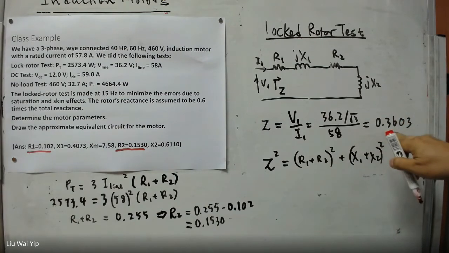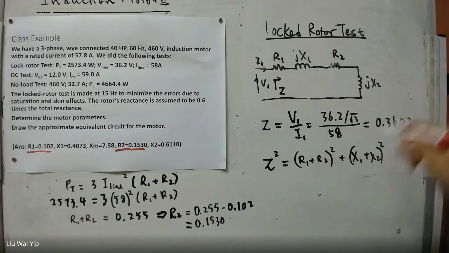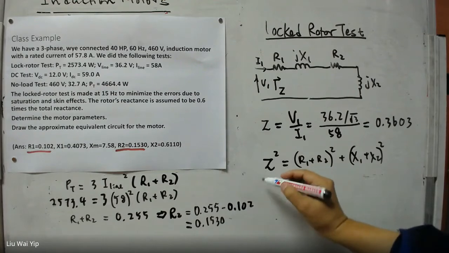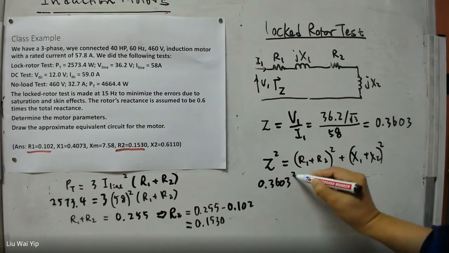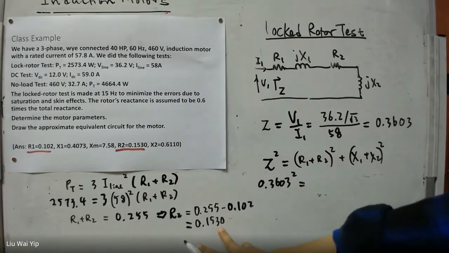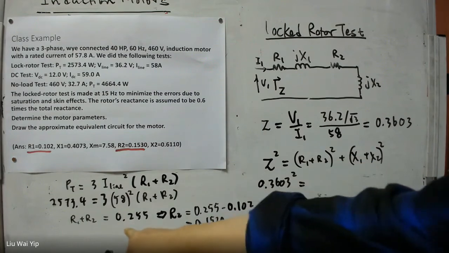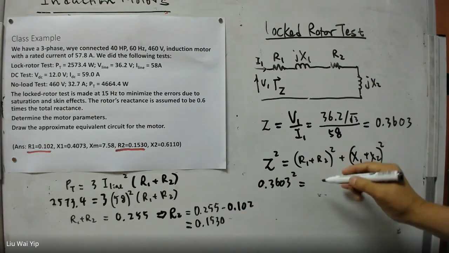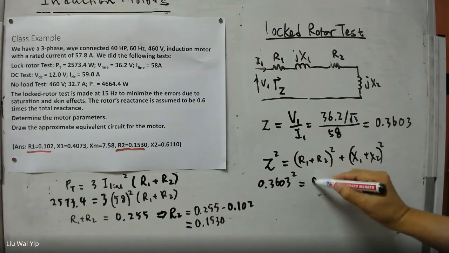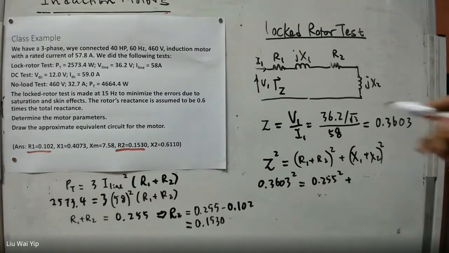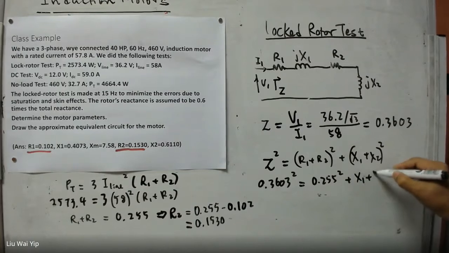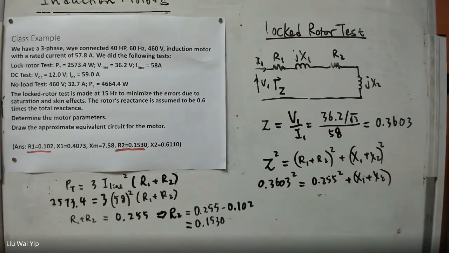And Z is going to be 0.363 squared, and the total resistance here is going to be 0.255 squared. Now we got the value here, and we are going to solve this equation for X1 plus X2.